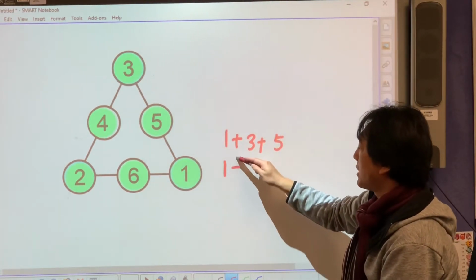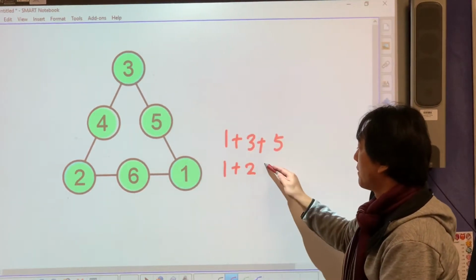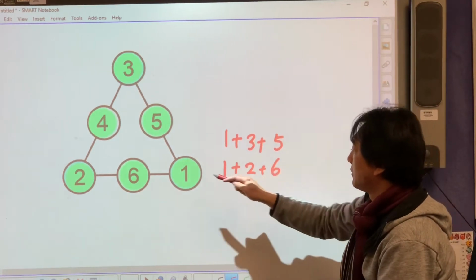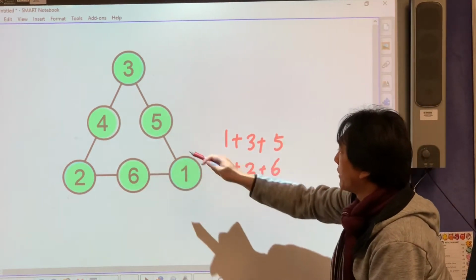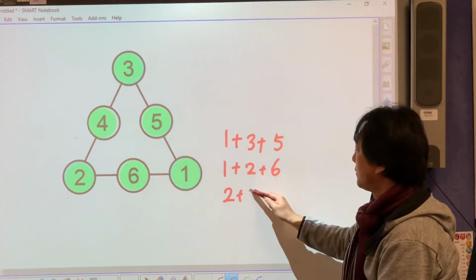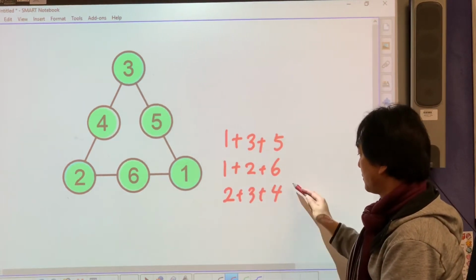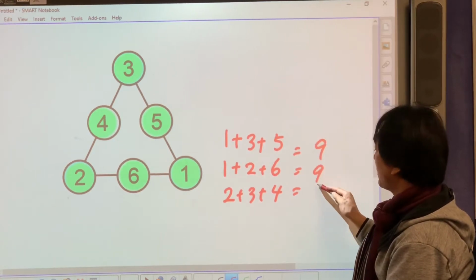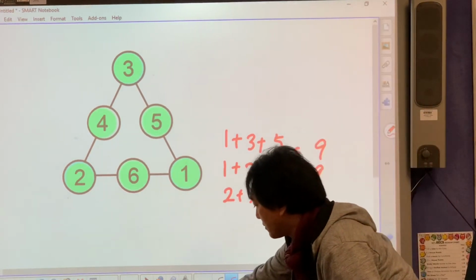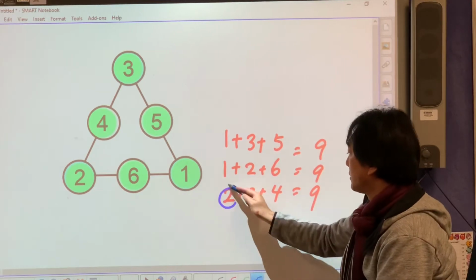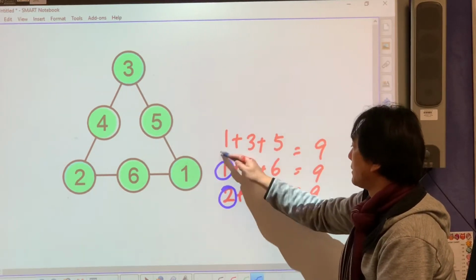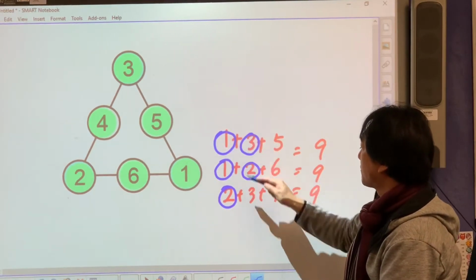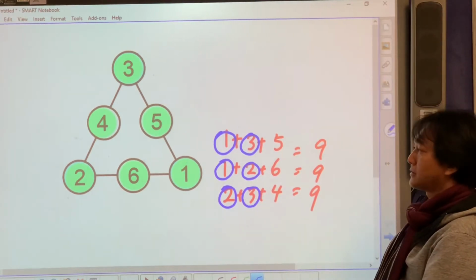Then I added 1, 2, then 6. Then I added 2 and 3 and 4. That was 9, 9 and 9. Because 2, 1, 3, they added twice, right?